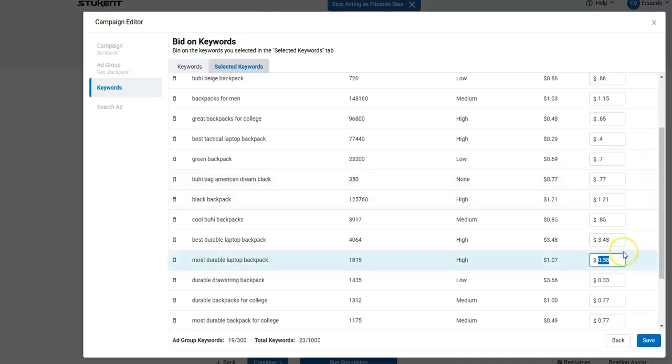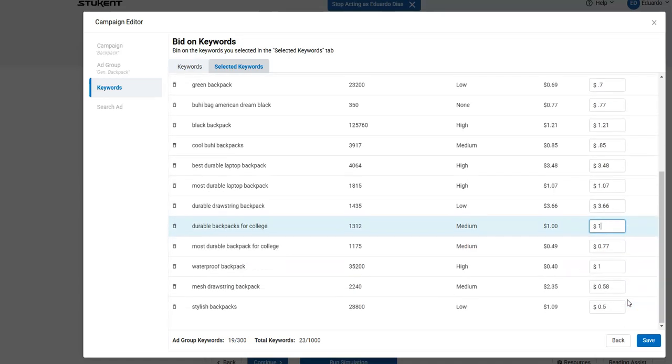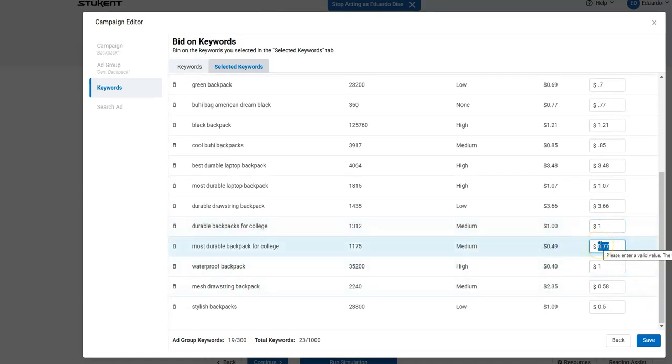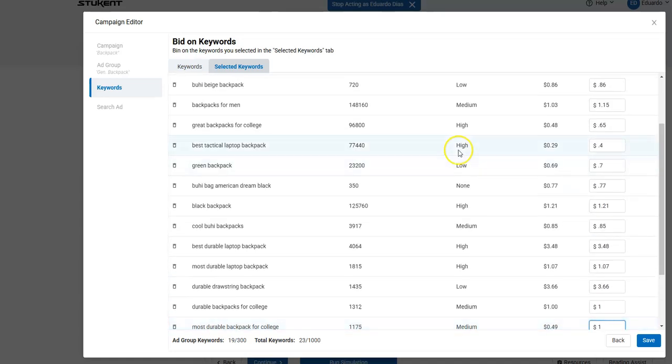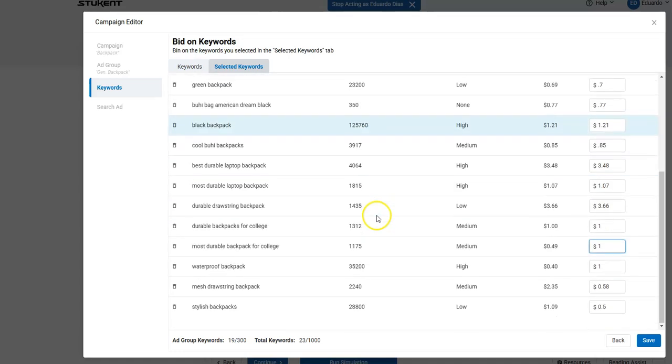So what you're doing is telling the systems you're willing to pay up to X amount of money for those bids. What I could see right off the bat is you don't have a lot of high traffic numbers, meaning you don't have a lot of opportunities here. So you have a couple, but you don't have a lot.